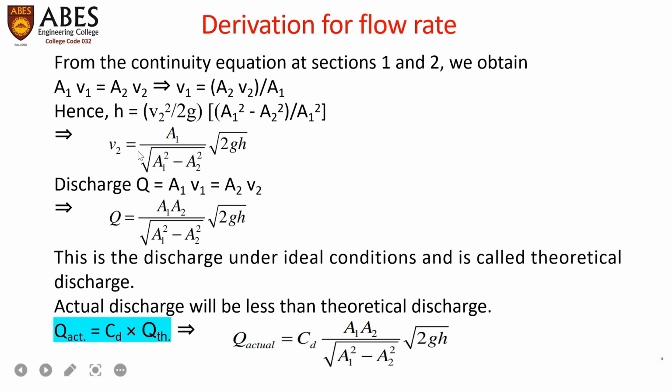This is the value of V2. Now, as we obtained the velocity at section 2, we can multiply by the area at section 2, and A2 V2 will be the discharge or flow rate, capital Q.